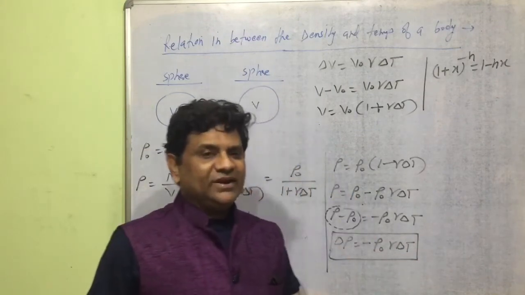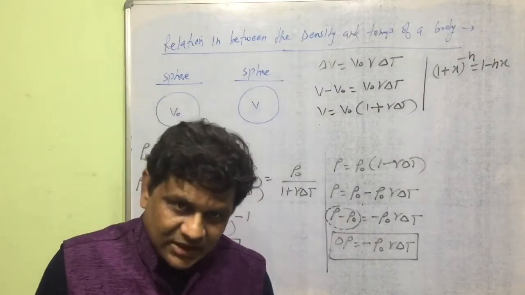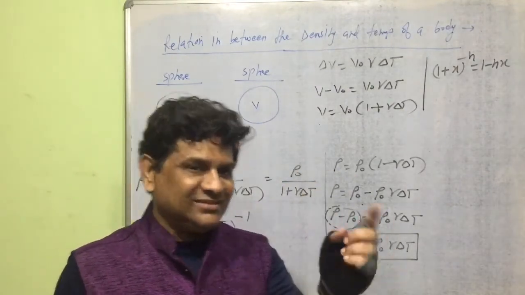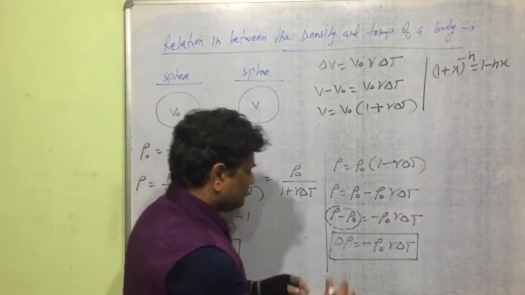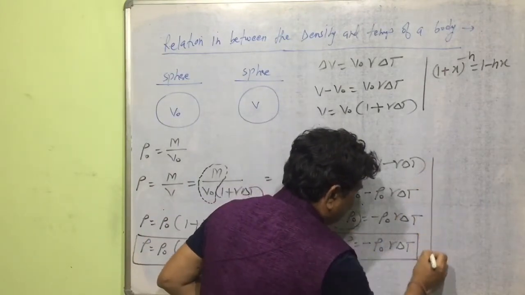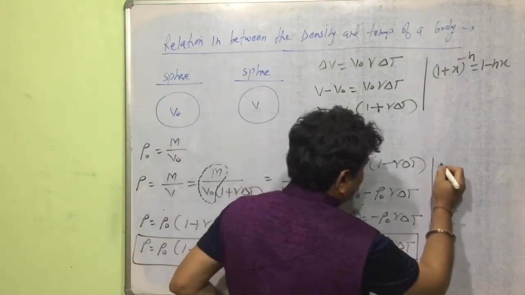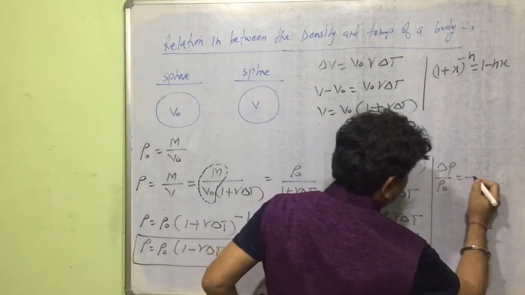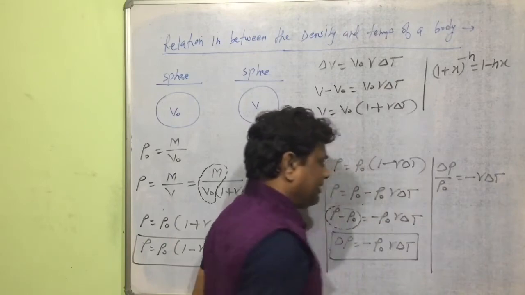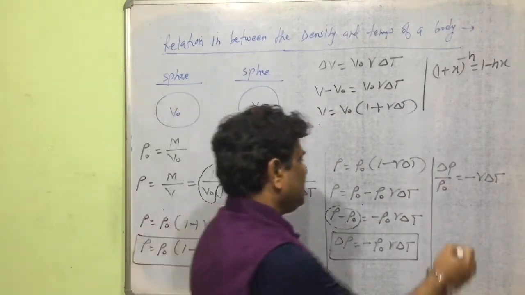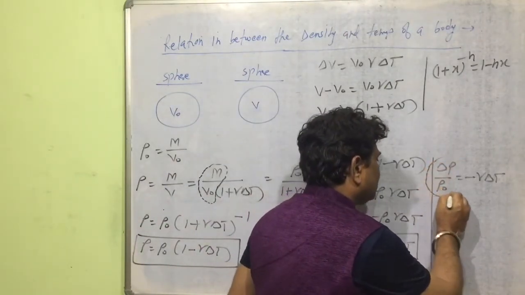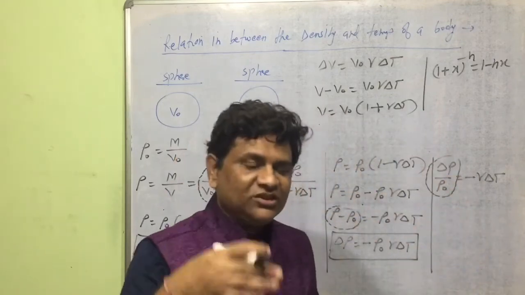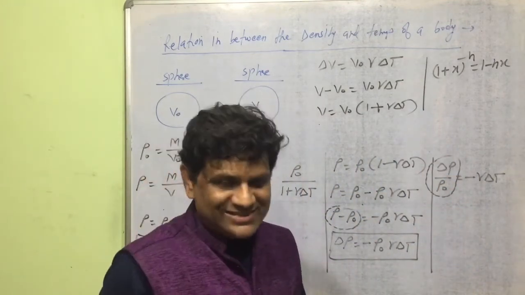The negative sign represents that as temperature increases, density decreases. Now delta rho divided by rho naught will become equal to minus gamma times delta T. This delta rho by rho naught is known as the fractional change in density.